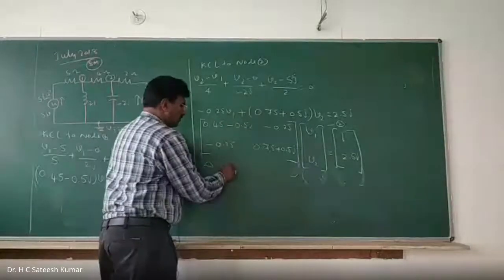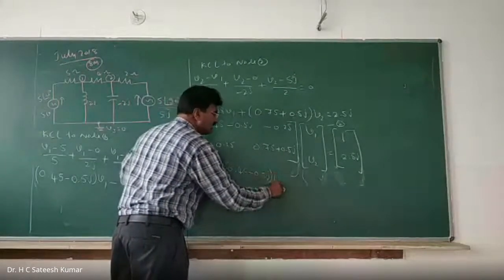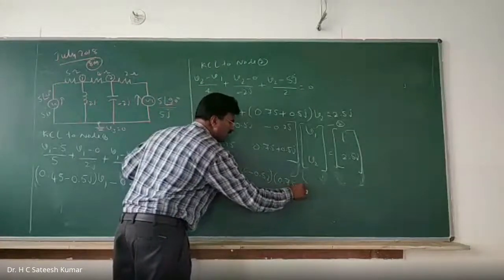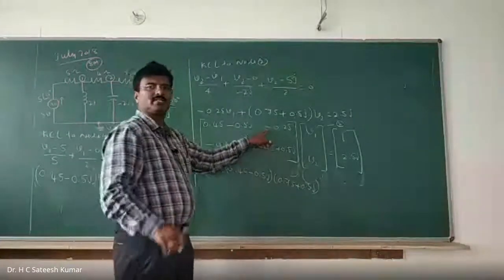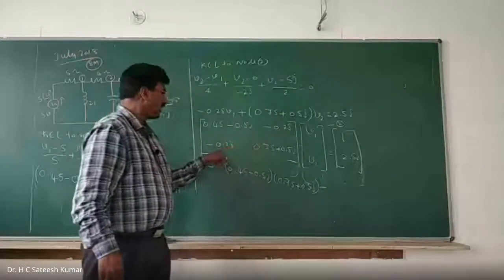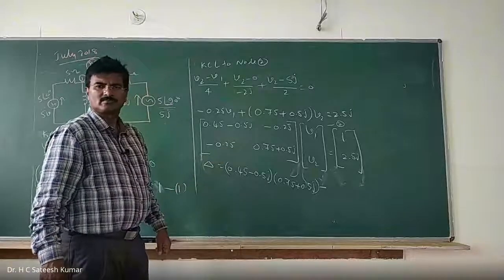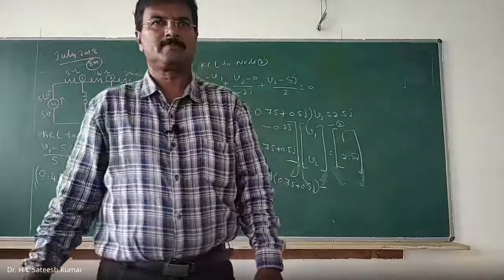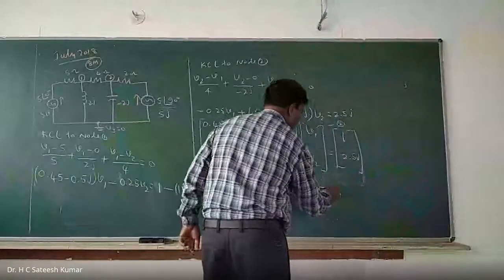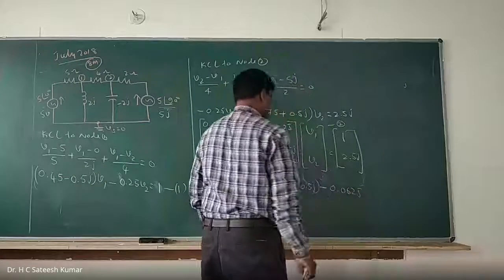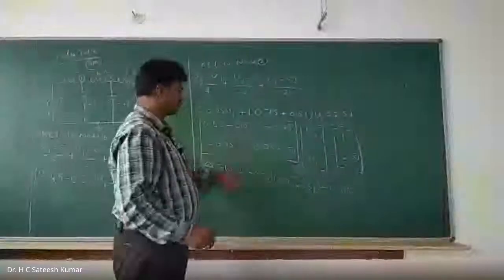Delta is equal to, do it in calculator, bracket 0.45 minus 0.5J bracket into 0.75 plus 0.5J, minus of minus plus, and one more minus from the determinant: minus 0.5 into 0.5, 0.25 into 0.25. Let me calculate. 0.0625.